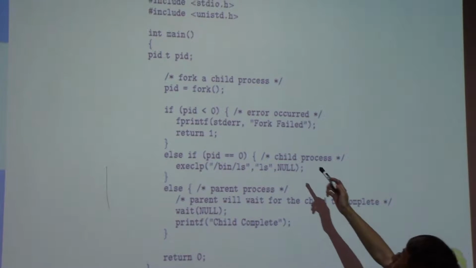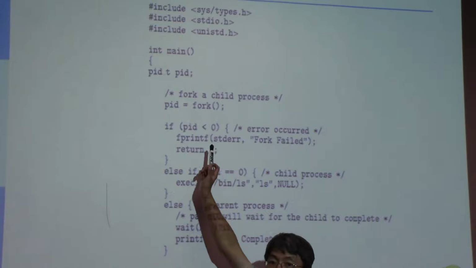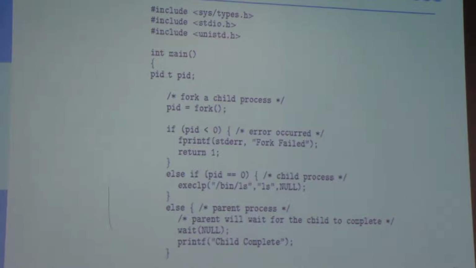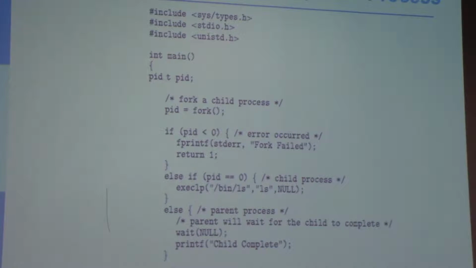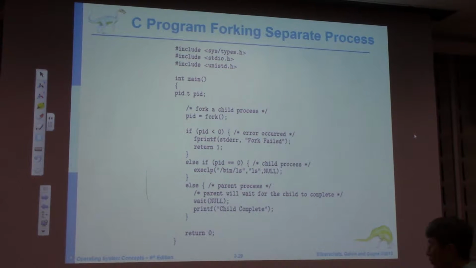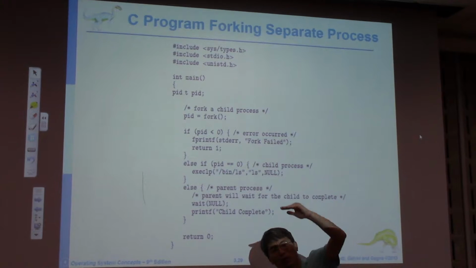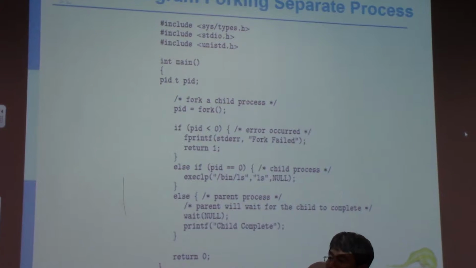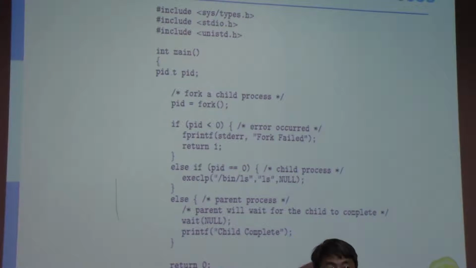So for example, you have the fork. The output of the fork is a process ID. Which process ID? Parent process ID or child process ID? It is the child process ID.